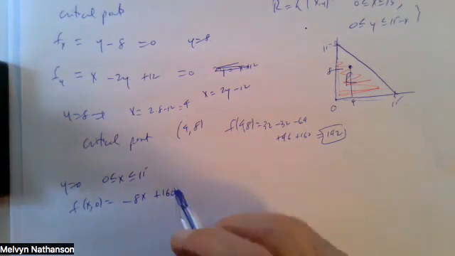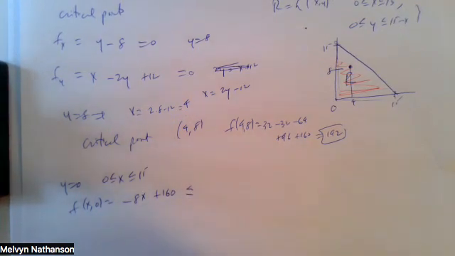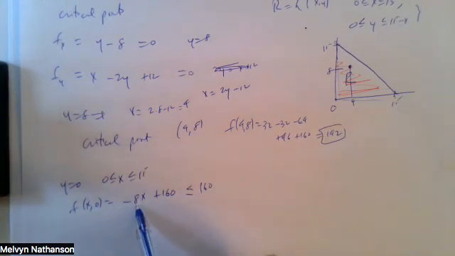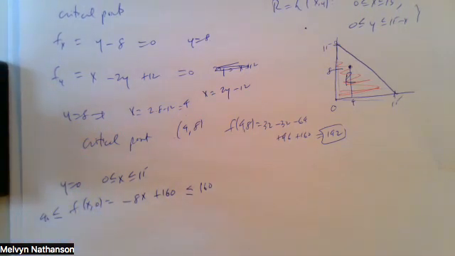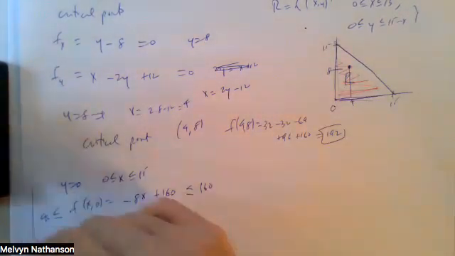And this has its maximum value when x is 0, you get 160, and its minimum value when x is 15. 8 times 15 is 120, so 160 minus 120 is 40. So on this line, the function goes from 40 to 160. Right? That's this line.